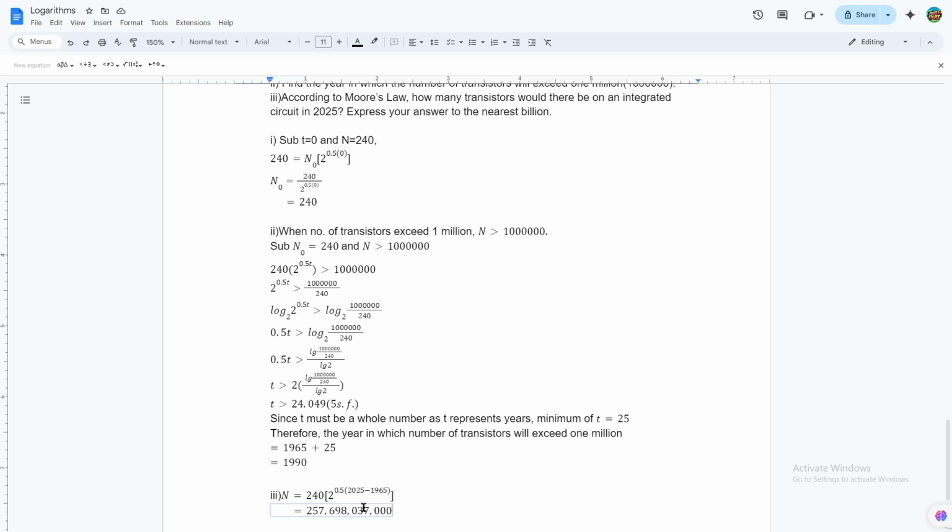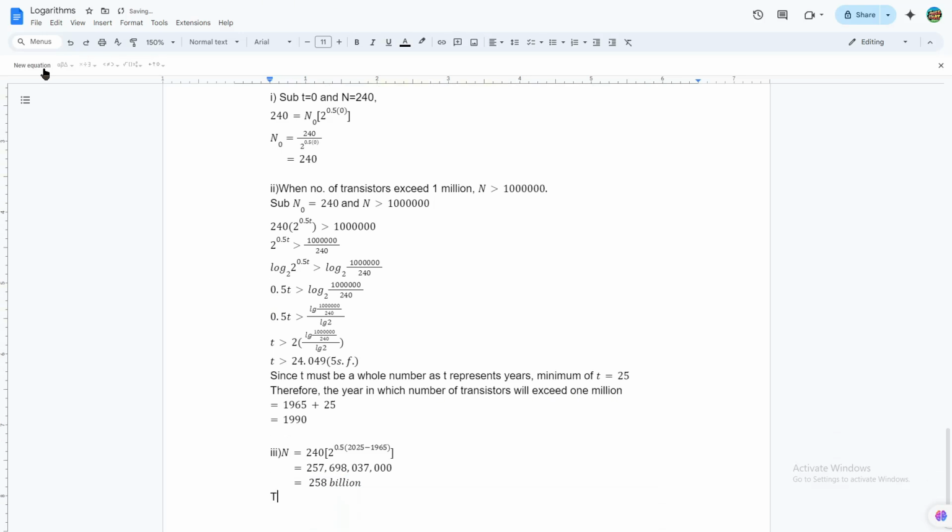They're asking for the nearest billion, so we do not need the back part. We only need the first 4 digits, which is 257 and 6, which means we have to round this number up to be 258 billion.